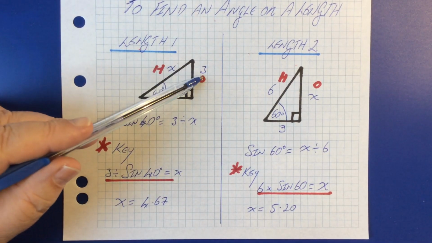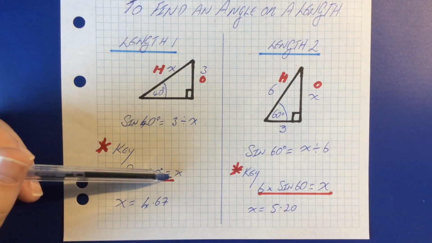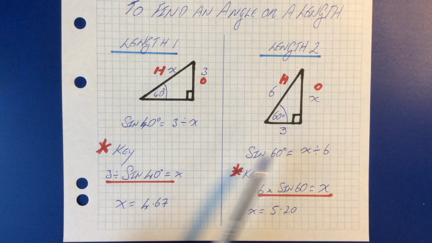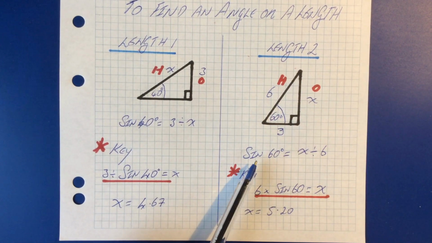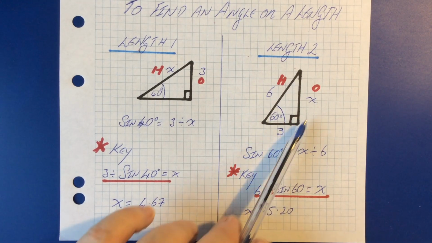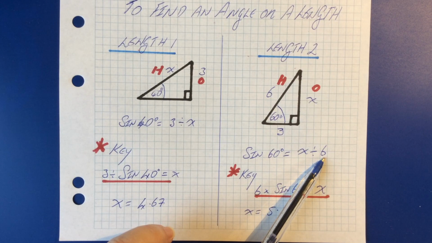If the setup looks like this, with the hypotenuse unknown, this is the way you key things in. Now, if the hypotenuse is known but the opposite side isn't, the sine of 60 in this case is equal to opposite divided by hypotenuse, x divided by 6.